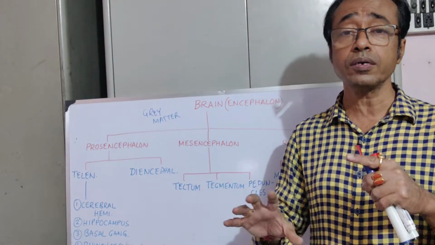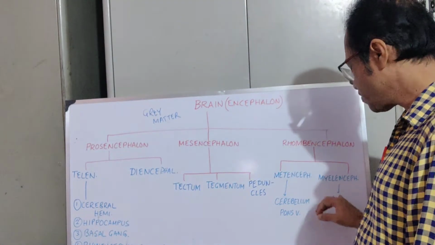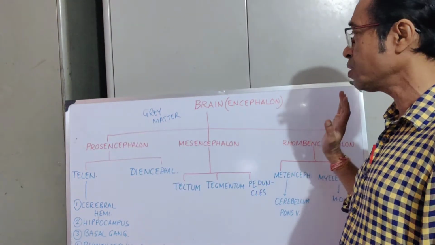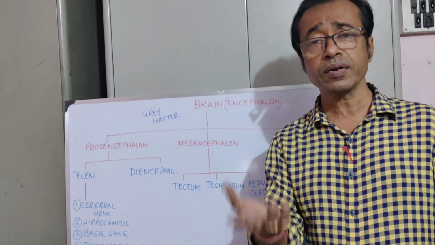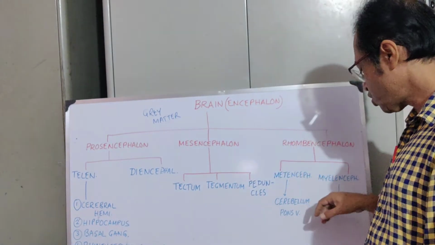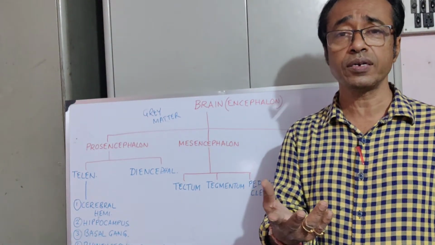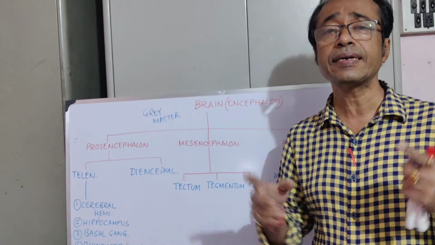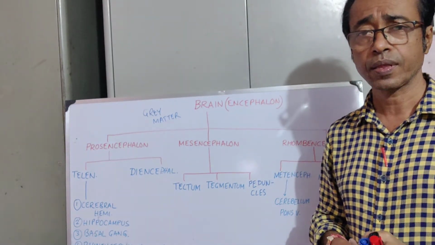Medulla oblongata is also a very vital part, but it differs from other parts of the brain, because all other parts of the brain have grey matter outside and white matter inside. But in case of medulla oblongata, the white matter lies outside and the grey matter lies inside as an H-shaped structure.